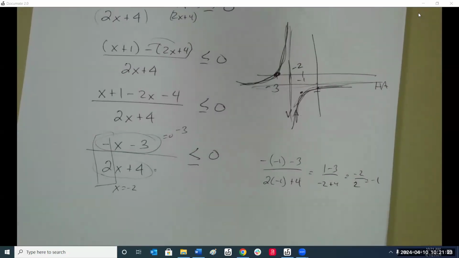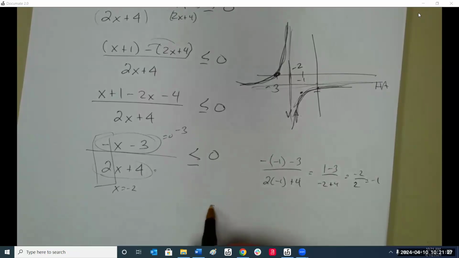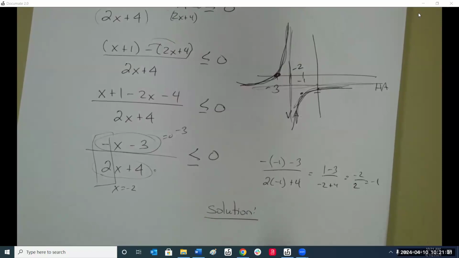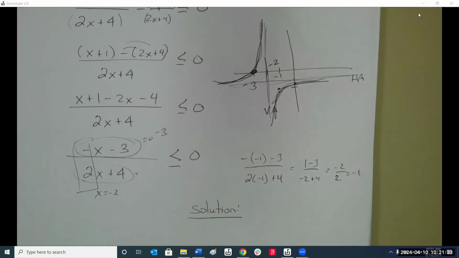So what's our solution? What part of the graph are we looking for? Since it's negative, I want below the x-axis.